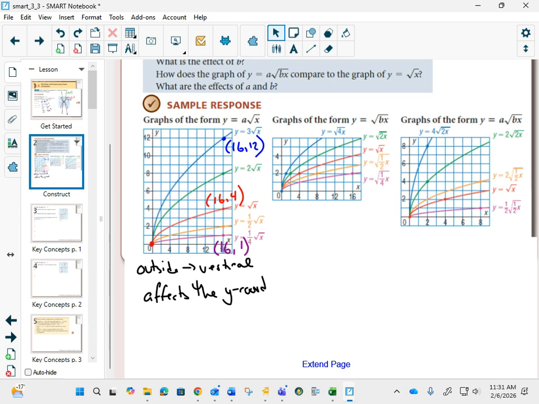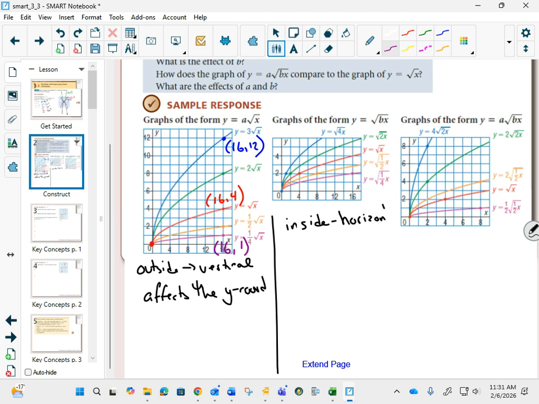The second set of graphs. Now do you see that your number is inside the function? Everything inside is horizontal. And x's are liars.